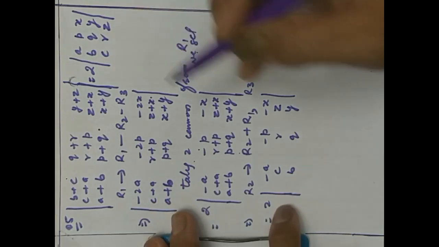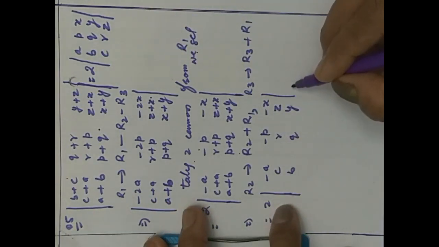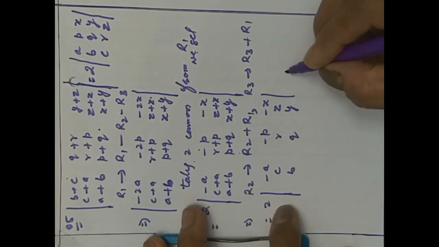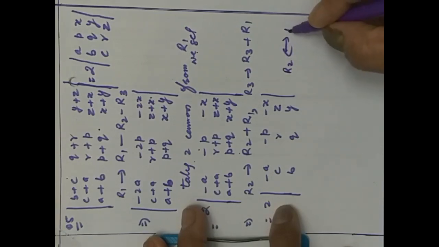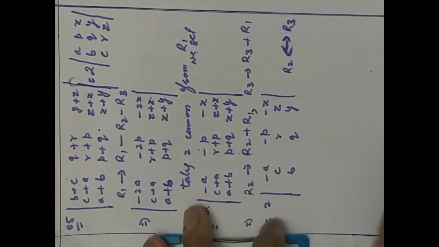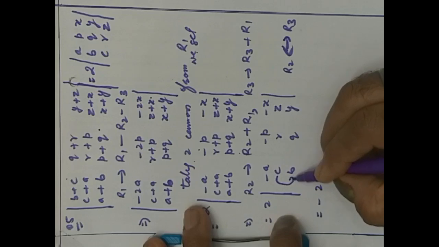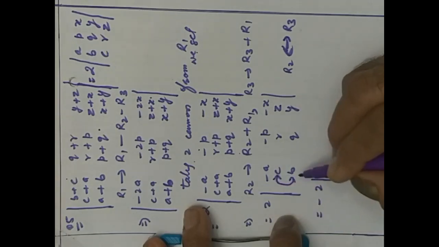So the next operation is that R2 and R3 are going to interchange. Remember the property: when we change any two rows or any two columns, then a minus will come out. Minus is coming for interchanging these two rows.